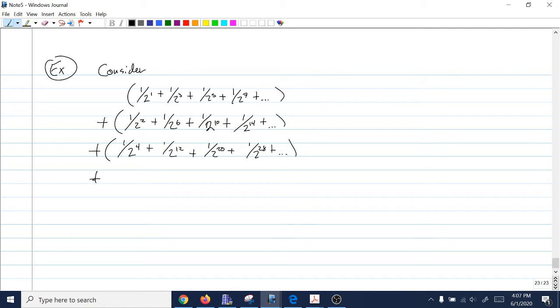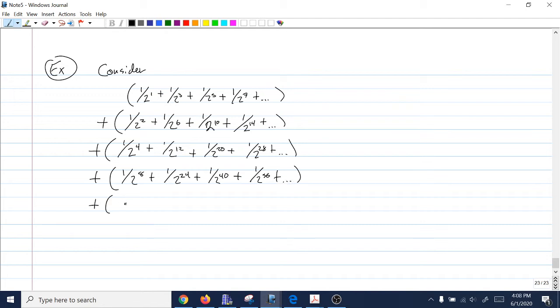Now let's do 8 times all the odd terms. 1 over 2 to the 8, plus 1 over 2 to the 3 times 8 is 24, 8 times 5 is 40, 8 times 7 is 56.